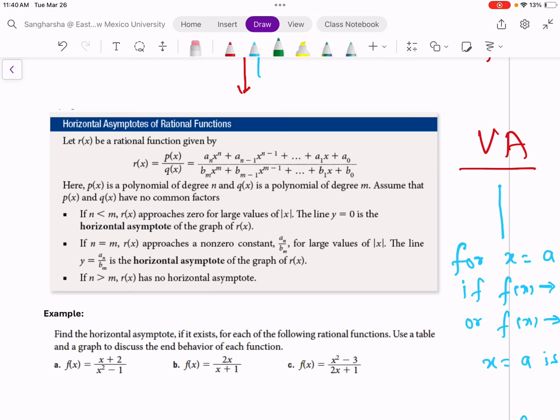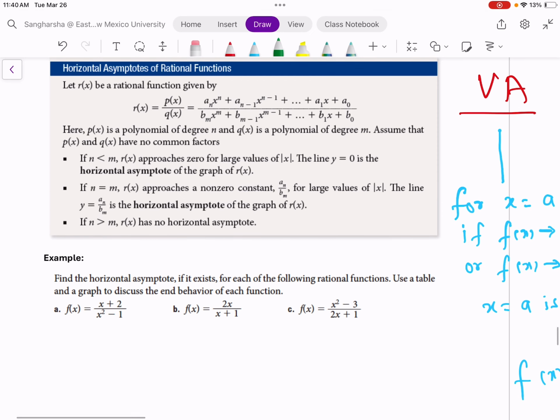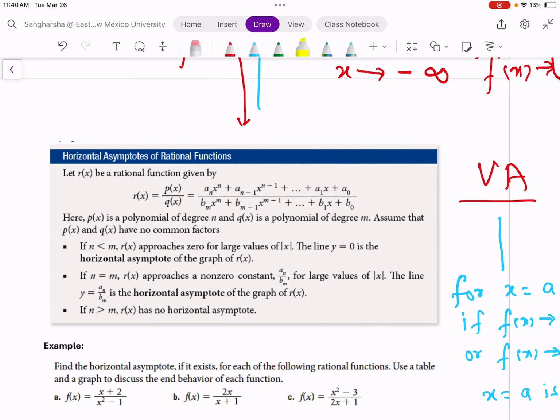And how do we find the degree of a function or a degree of a polynomial? The degree is the largest exponent, right? So let's do that. Here we have p of x as the numerator and q of x as the denominator, and let's take n as the degree of the numerator, and m as the degree of the denominator.